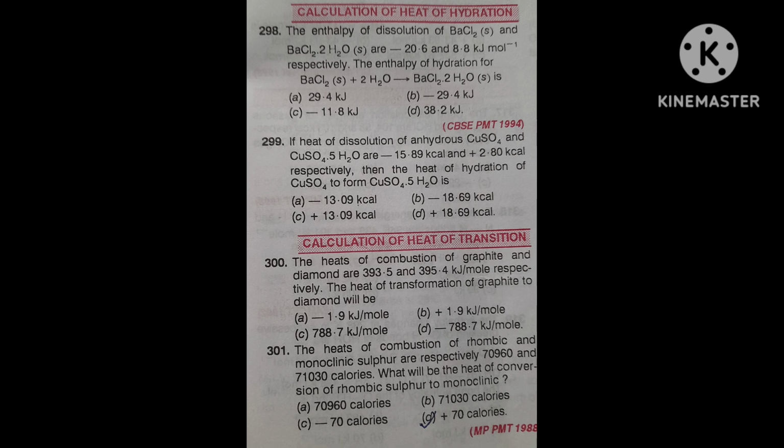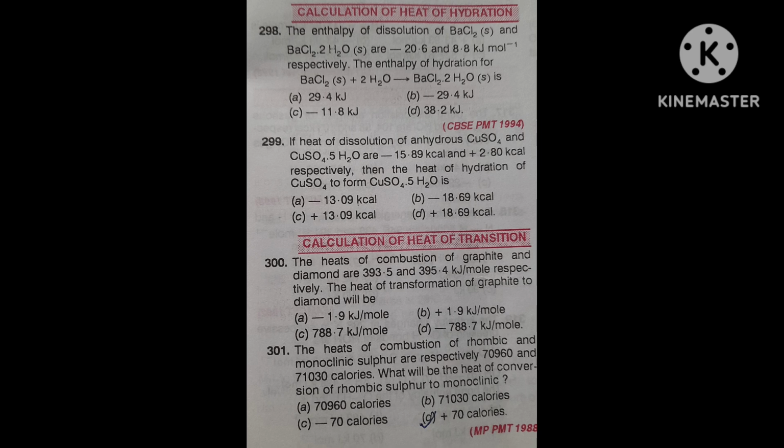Then the first reaction split in two parts: barium chloride solid plus 2H2O gives barium chloride 2H2O, with delta H1 equal to minus 20.6 kilojoule.